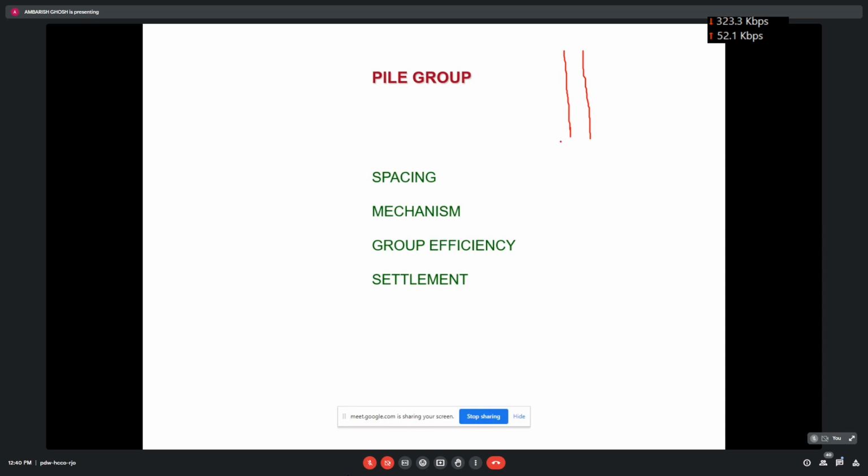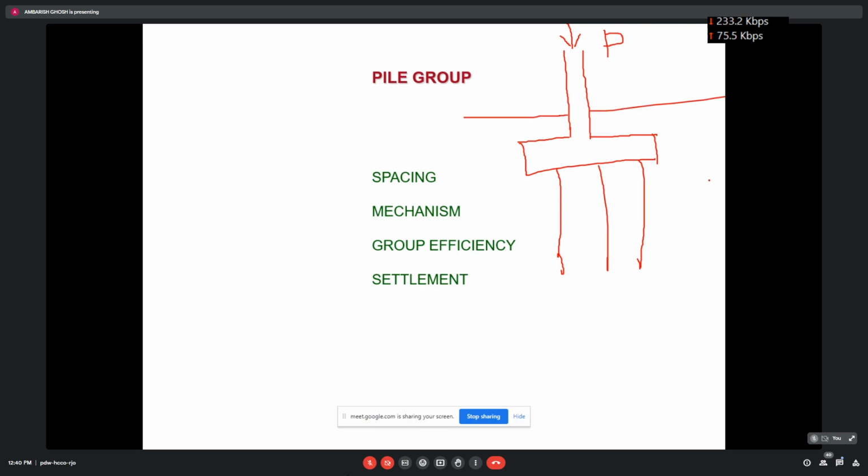Any doubt? So whenever you are putting a load here, it is coming from the column, so you have to decide what will be the number of piles.